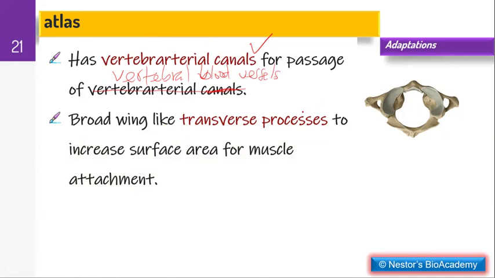Then broad wing-like transverse processes to increase surface area for muscle attachment. Don't just say it has got transverse processes to provide surface area for muscle attachment. The transverse processes are there, but what is the adaptation? They are always broad and wing-like to increase surface area for muscle attachment.